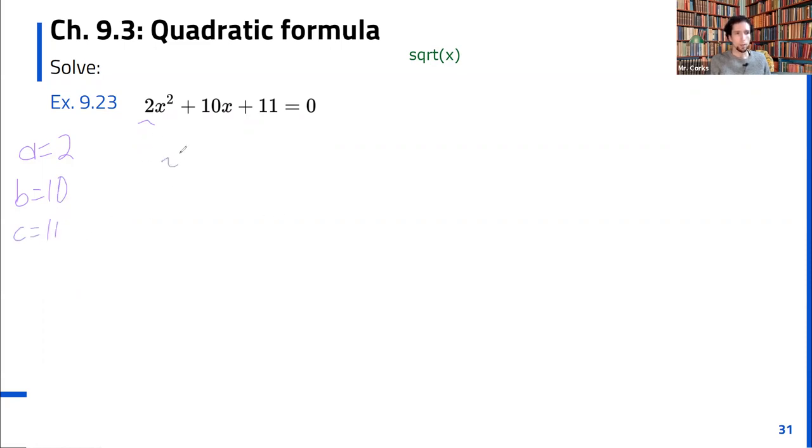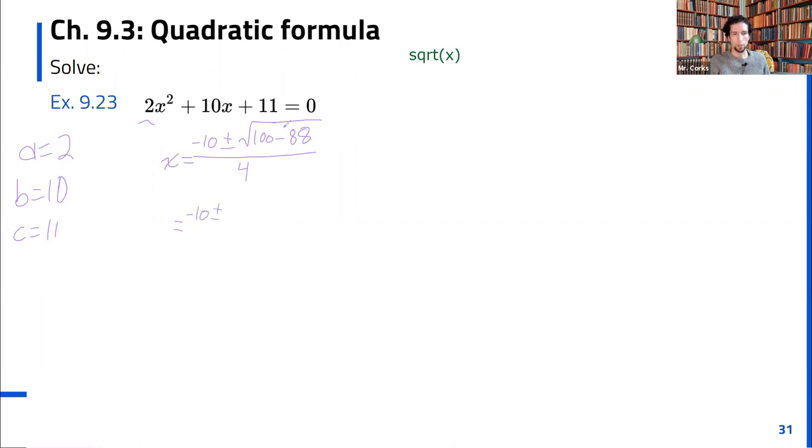So formula: x is equal to -10 plus minus square root of 10 squared, 100, minus 4 times 2 times 11. 4 times 2 is 8, and then times 11, 88. And on the bottom here, 2a, 2 times 2, so 4.